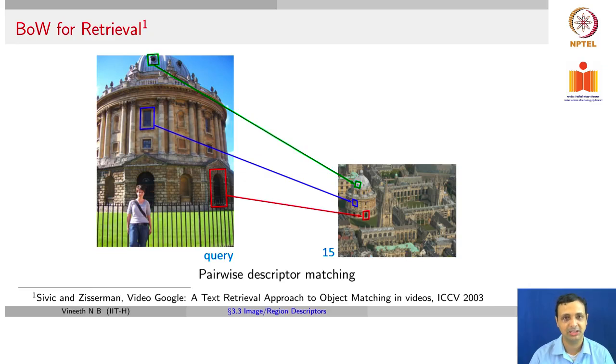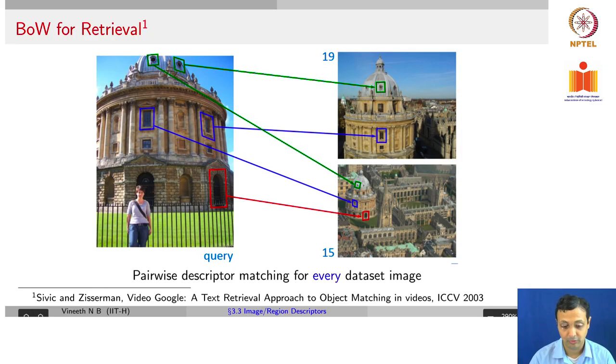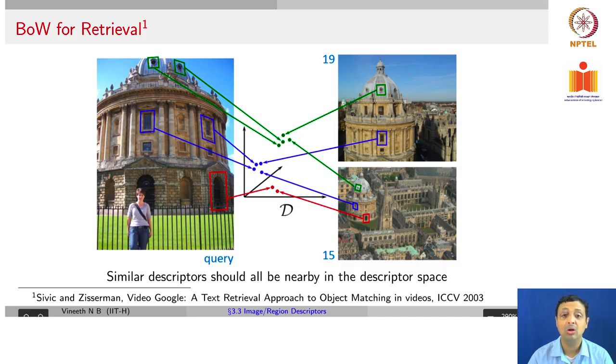This can get computationally expensive. If you had another image, you would have to repeat the same process between the query image and the second reference image, and so on and so forth for all reference images.